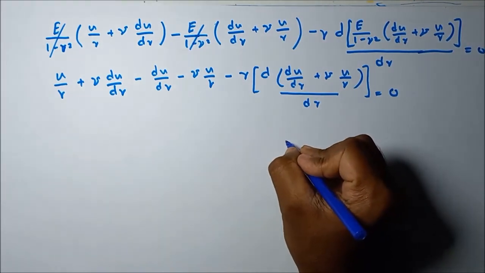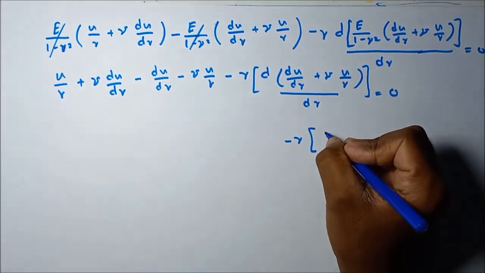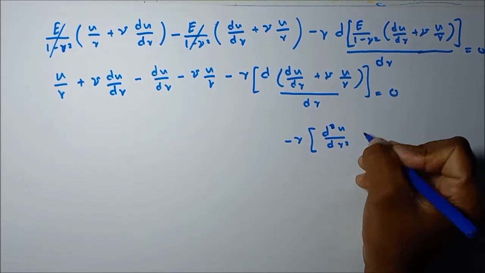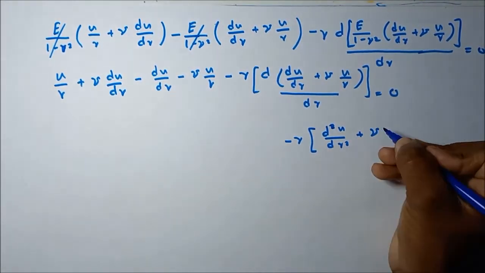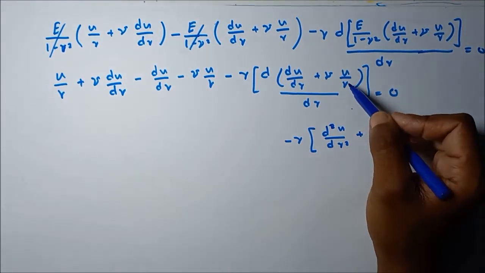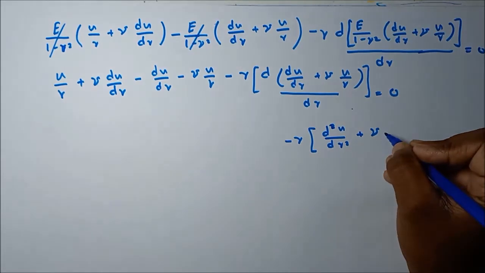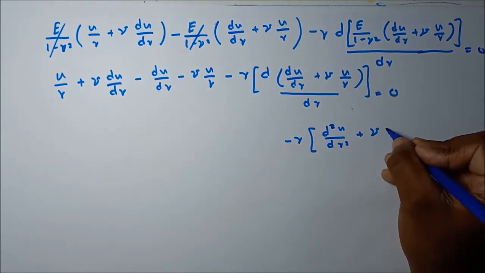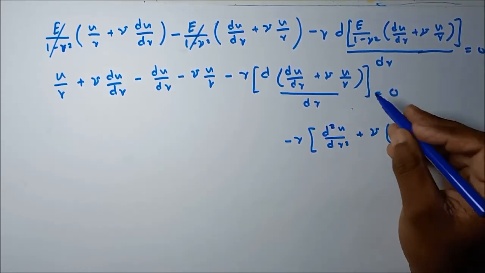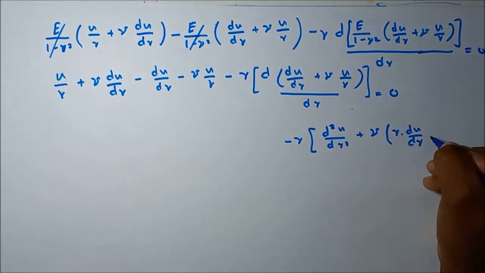I will write that term r, this derivation d2u dr square plus nu, then division of two functions, that means u and r, so we have to consider the division of two functions, that means r into du over dr.